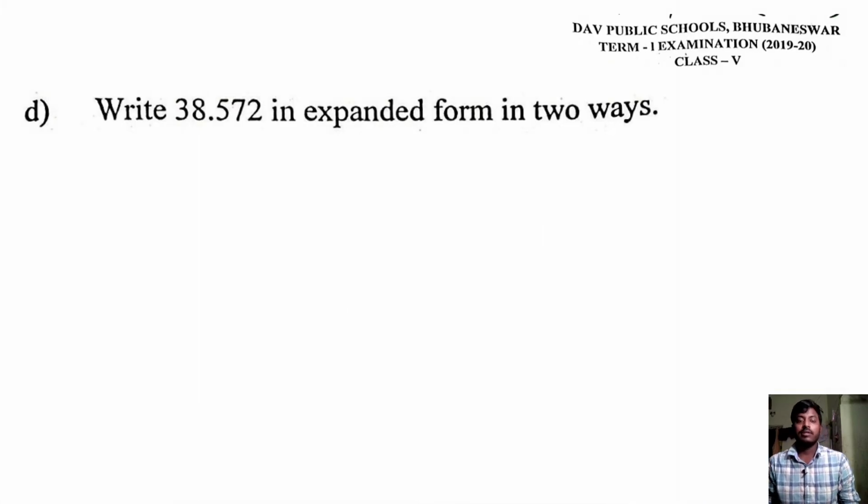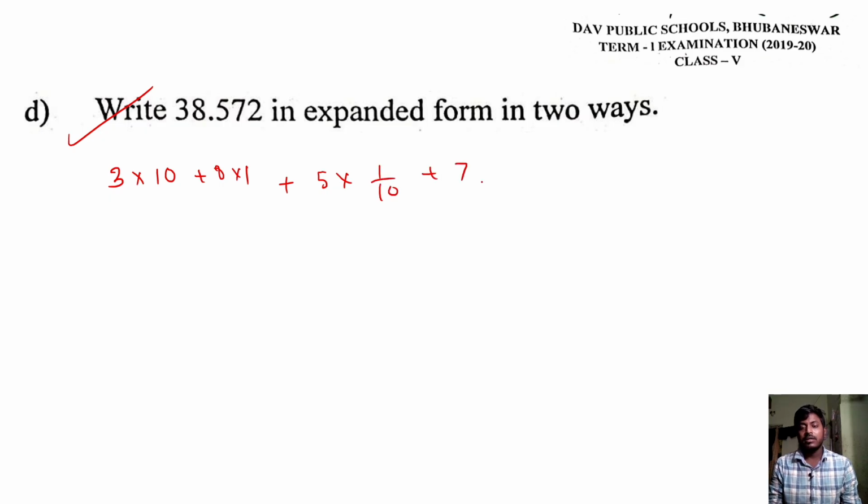Next question. Write this in expanded form in 2 ways. You can write, that is the first, 3 into 10, 8 into 1, 5 into 1 by 10, 7 into 1 by 100, plus 2 into 1 by 1000. Any doubt?